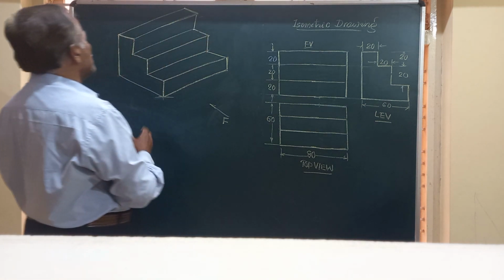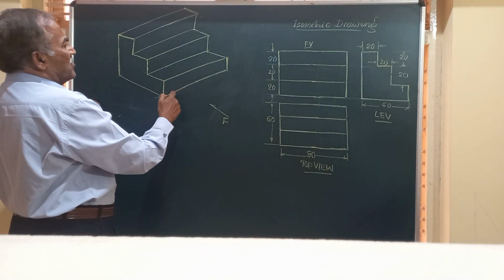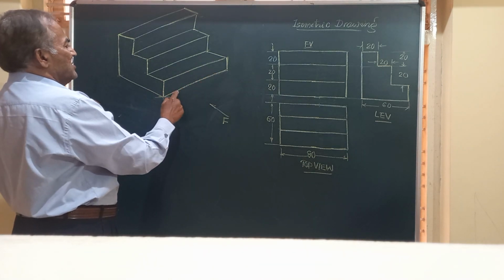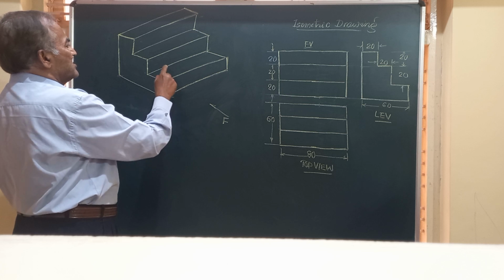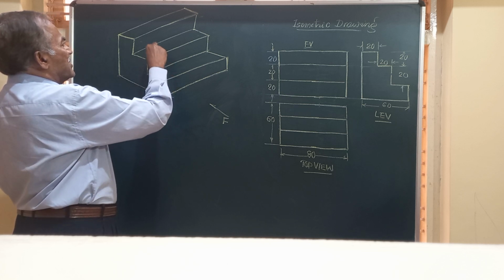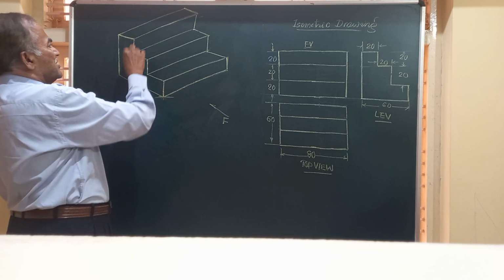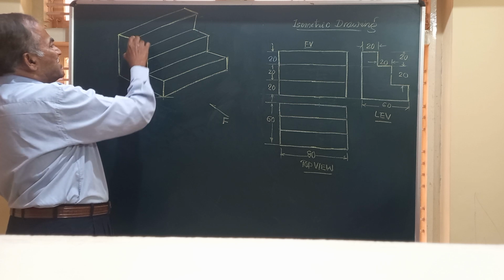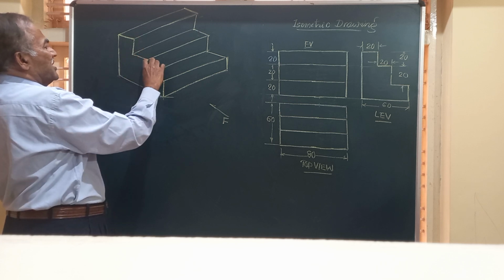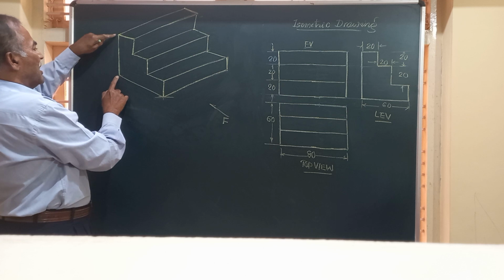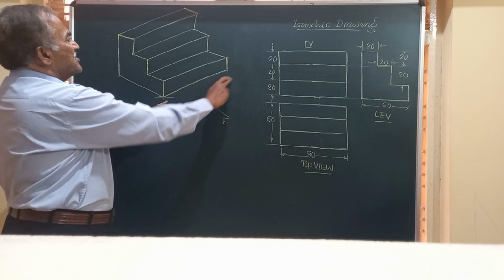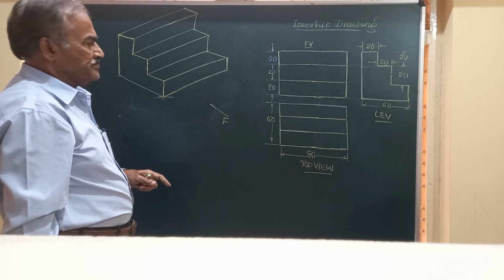And friends, you can also see here you have all parallel lines. This line is parallel to this, parallel to this, parallel to this, like that. And every step here has a height of 20, width 20, height 20, width 20. And this is totally 60, this is totally 80.